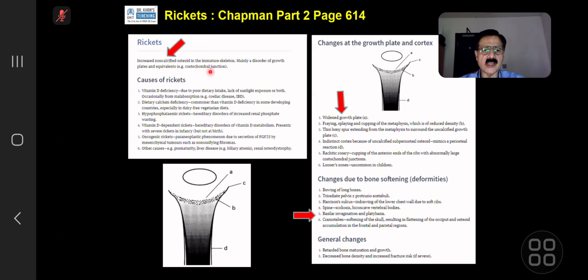And that is why in the ribs, that is an exam film, you will get expansion of the costochondral junction. And coming back to this, and this is again from Richard Penn, there are changes due to bone softening, and basilar invagination, particularly, is an exam case which you should know.